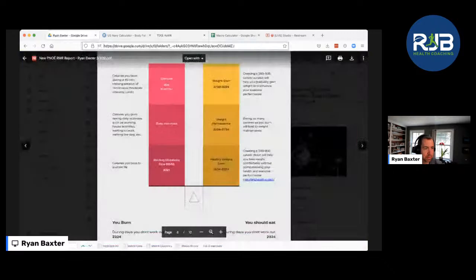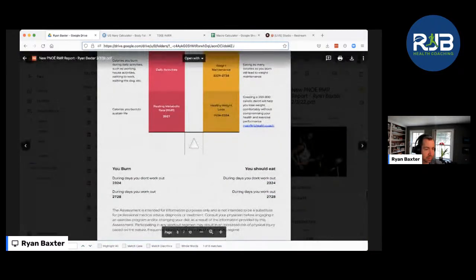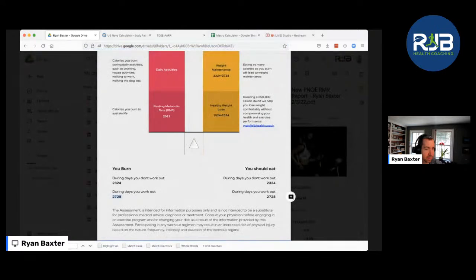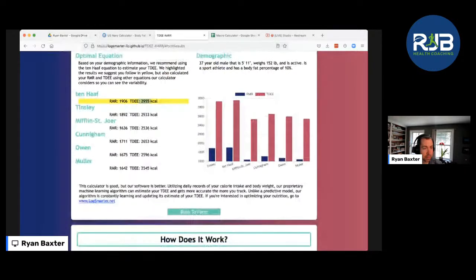And again, if we went back to my RMR test, surprisingly, the RMR test has an estimation in between those two numbers, right? At 2,700 calories. I know in general that this is probably the most accurate one for me based on how much I know I can eat and what my weight does. So probably up around the 3,000 calorie mark.